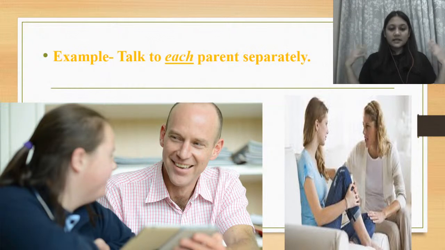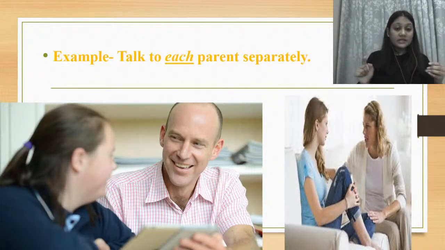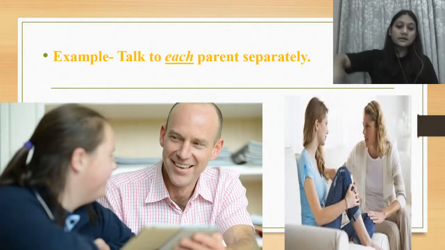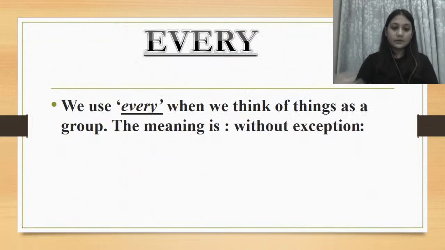Although parents are two people, it's a group again, but you have to talk to them individually, separately. So we say talk to each parent separately. Getting my point? The whole group of parents is there, but you have to convey your message to each one of them individually. When you want to talk to them separately, individually, we are going to use the word each, right?